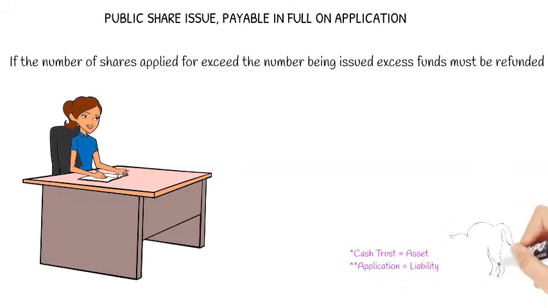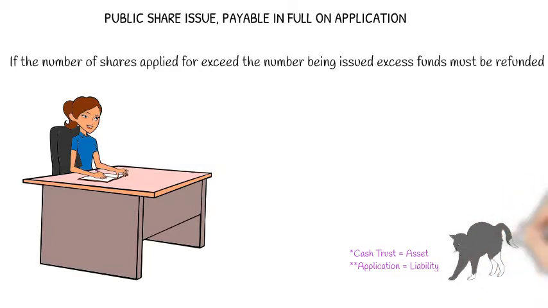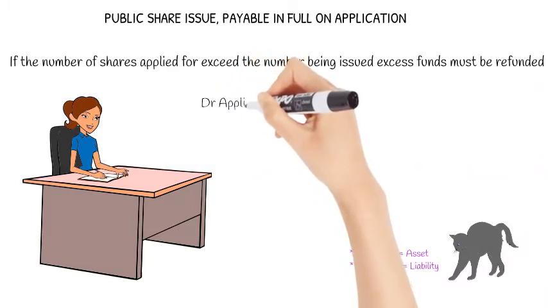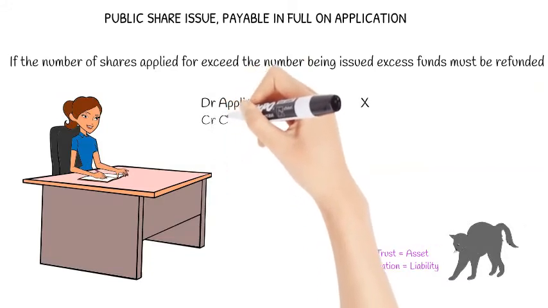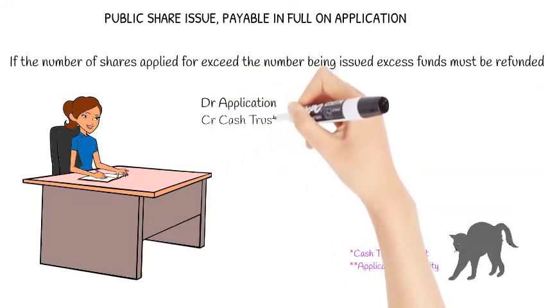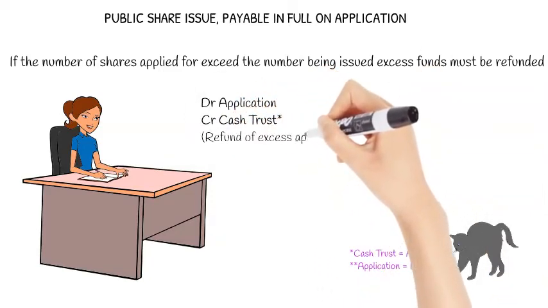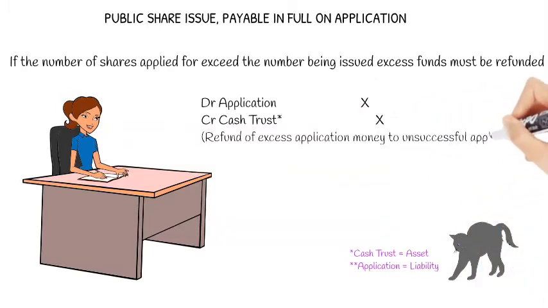Remember, application is a liability account. And credit the cash trust account, because the cash trust account has previously been debited, so the money will need to be credited from the cash trust account. By debiting the application account, we're actually reducing our liability to show the refund of excess application money to unsuccessful applicants. We have considered application with full payment.